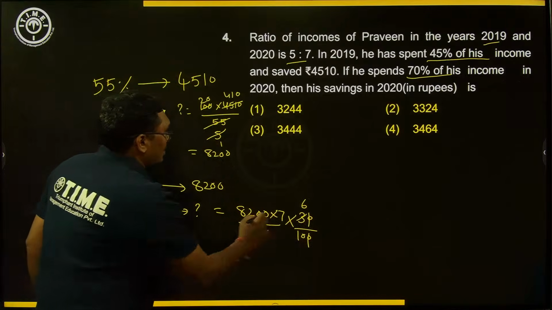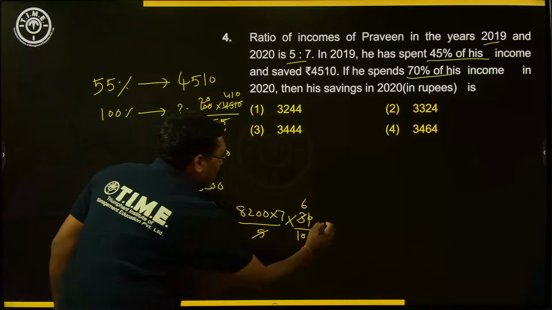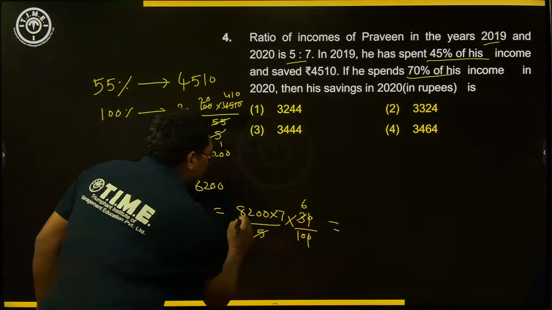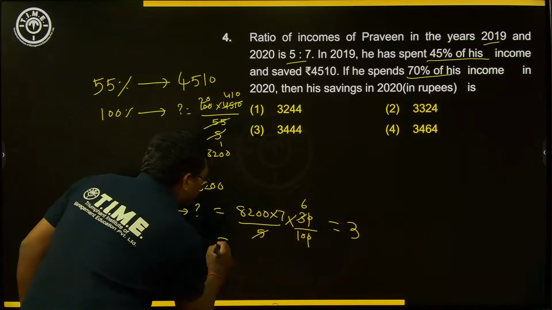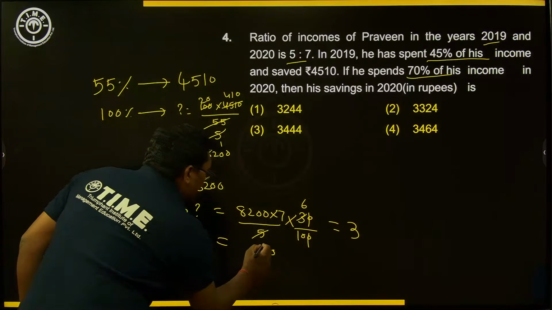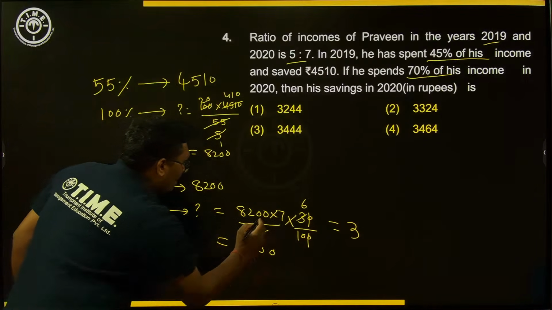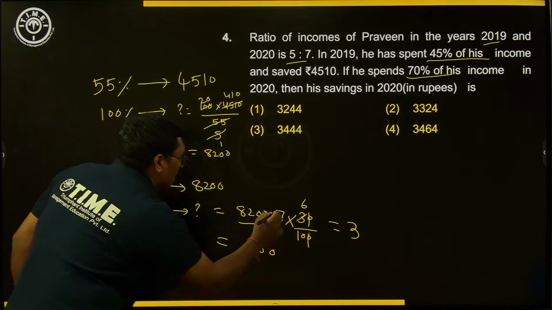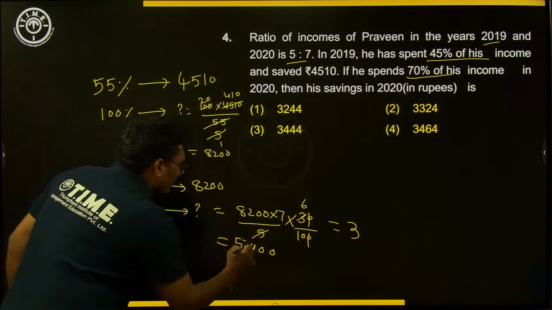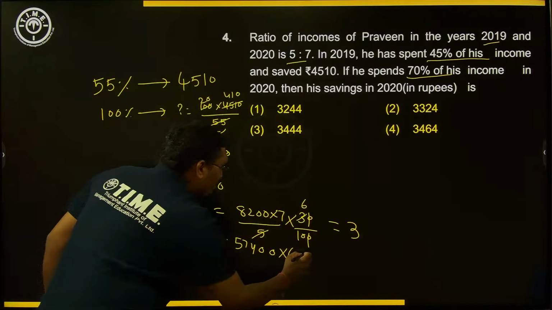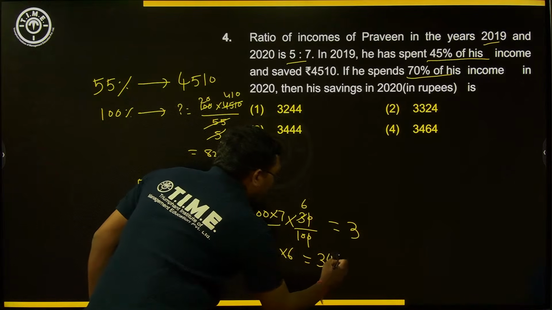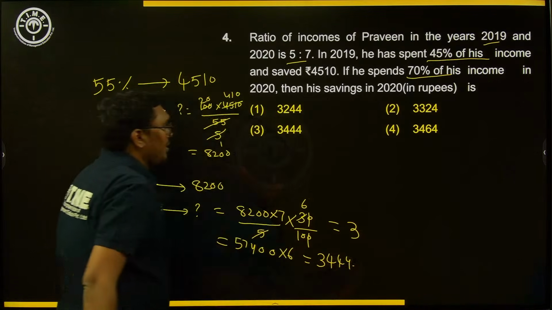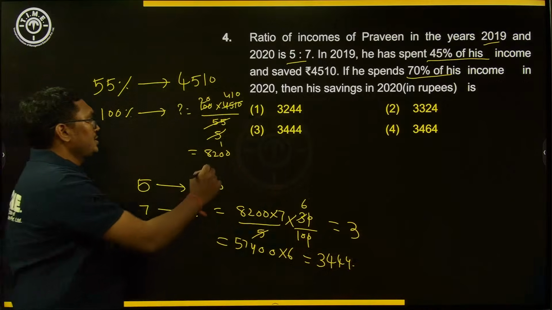So if you simplify this one, 0 0, 7 14 and 8 57 into 6. So if you simplify this one, you will get 344. Okay, your answer is choice 3.